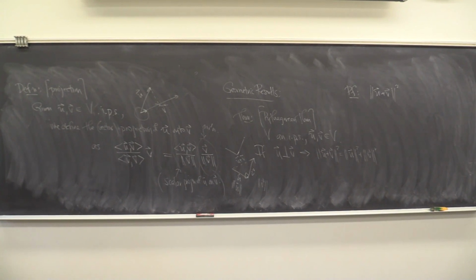What if they're perpendicular? Then their inner product is 0. So this would break down into u squared plus 2uv plus v squared, and the middle term would be 0. I don't know if we have it exactly, but that's a good guess.